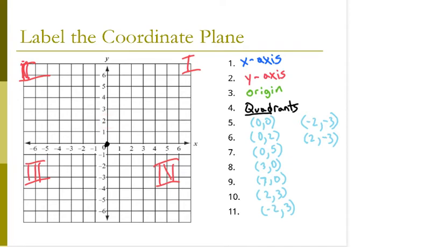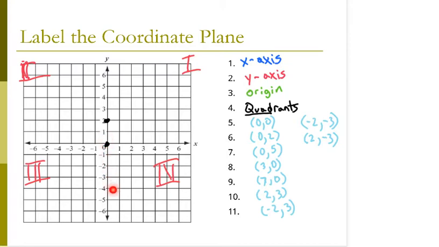Notice that 0, 2 and 0, 0 are not inside of any of the quadrants. So this point and this point are in none of the quadrants. It's actually on the border of a few quadrants. So for it to be in a quadrant, it has to actually be in here, here, or here, not on any of the lines or not on any of the axes.